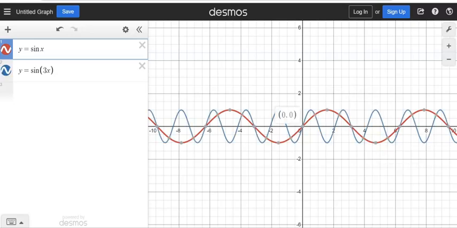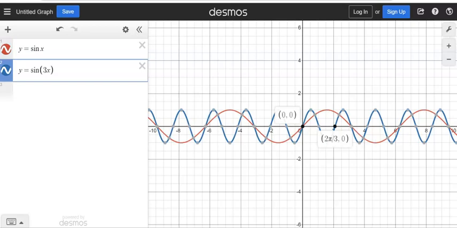If this is my initial starting point, I go up, down, and back up, and here's the ending of my period. As it goes from 0 to 2 pi over 3, I've taken my entire graph and changed the period by 1/3.